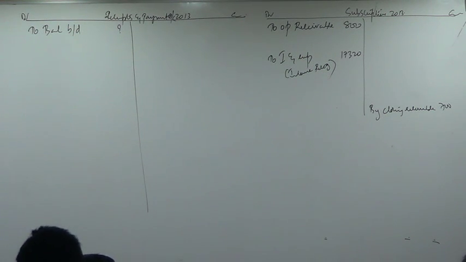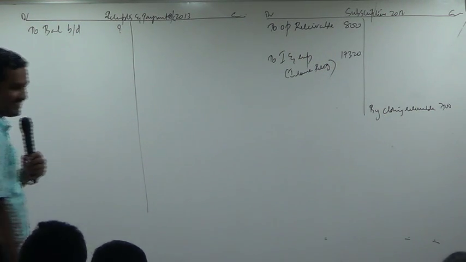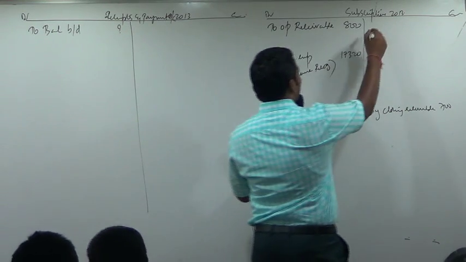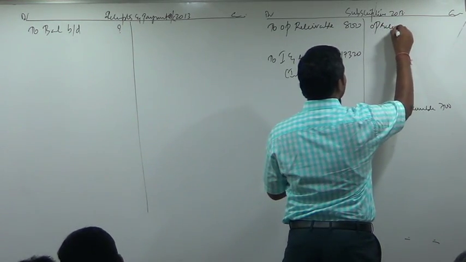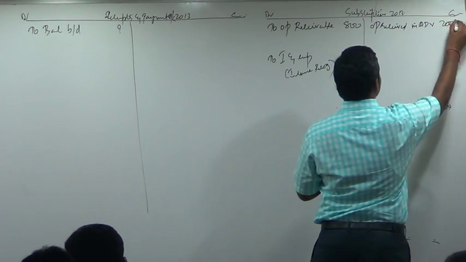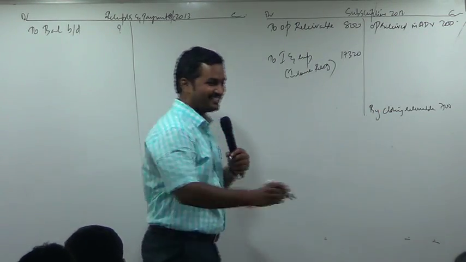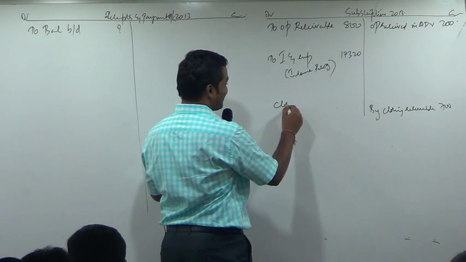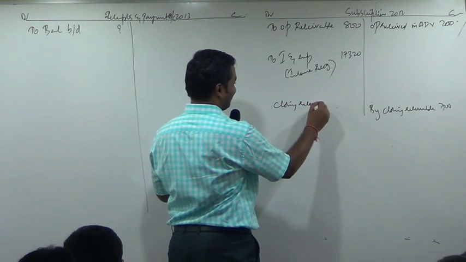What should I write now? Received in advance. Opening received in advance. How much? 200. Very good. Closing received in advance, 100.